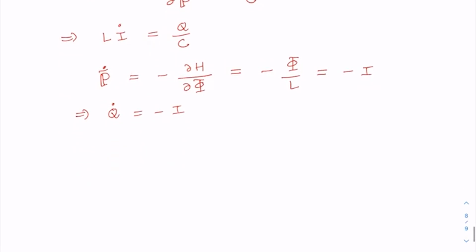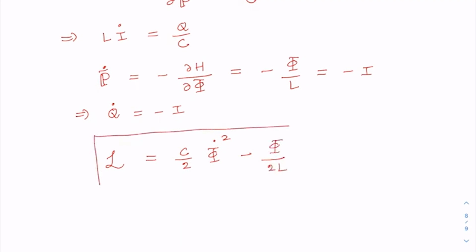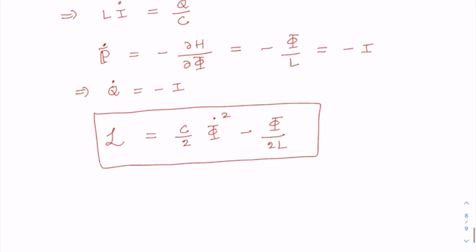Now by the way, in this case the Lagrangian turns out to be C by 2 phi dot square minus phi square by 2L. When I take magnetic flux as my generalized coordinate, this is the Lagrangian that I should take. And in fact we'll see that while quantizing the transmission line, we should take magnetic flux as our generalized coordinate, not charge q, and we'll discuss it.